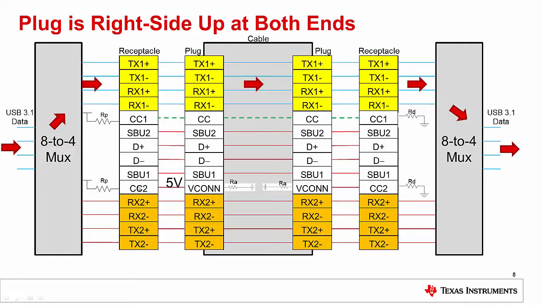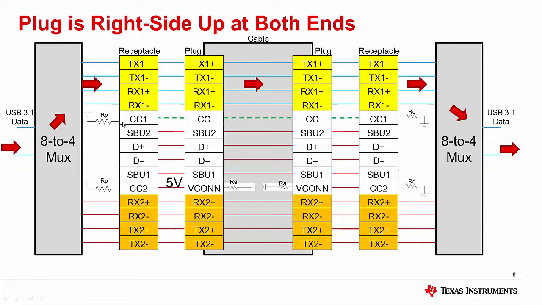As long as there's nothing plugged in, it's going to see a high voltage on the CC1 and CC2 pins. But once you connect the cable and then you connect a sink on the other side of the cable, you're going to see that the sink has the Rd pulled down on CC1 and CC2. So the source will see, in this example, CC1 has been connected to CC, follow the green dotted line, and that Rd pull-down is going to cause the voltage seen at this pin on the source to go down.